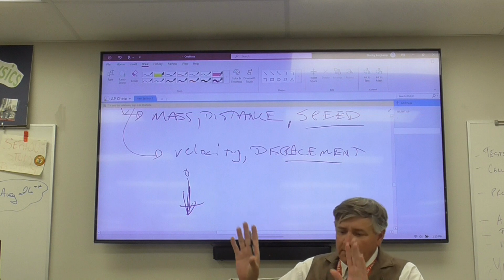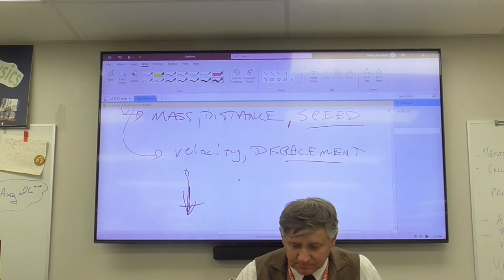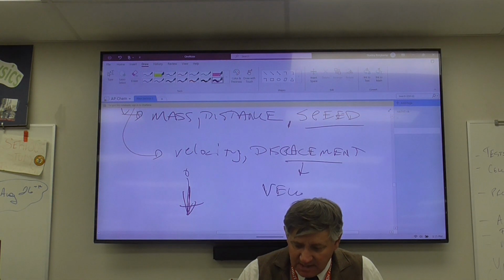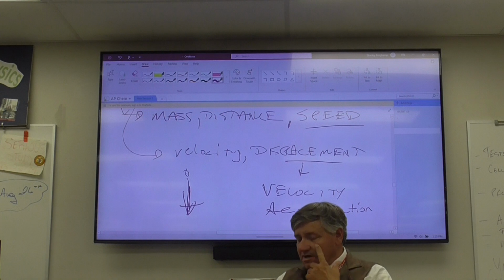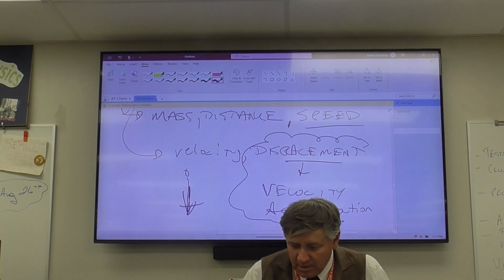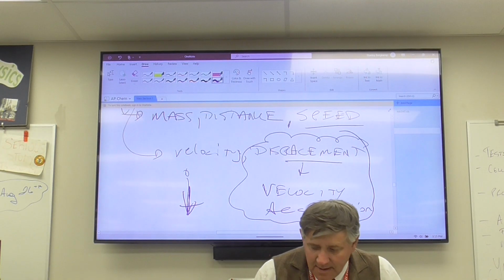So the most common vector quantities we're going to use are displacement, velocity, and acceleration. Eventually we'll get into forces, which are also vector quantities. But the first big three we're going to deal with are displacement, velocity, and acceleration.